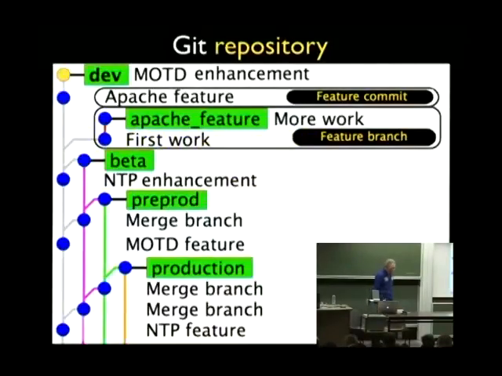Let's have a look at how the Git repository looks like. It's a bit simplified. So you see all the branches over there, from production all the way up to development. So everything at the top, so the NTP feature is actually in every branch, and then you go up. At the top, the Apache feature is currently being worked on. There are 2 commits.